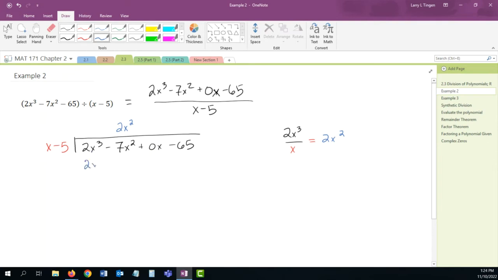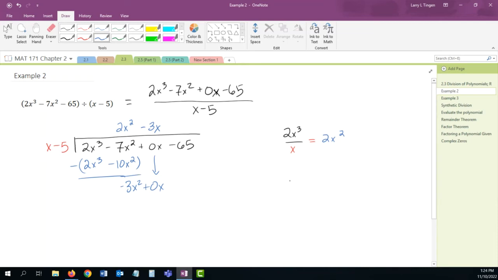2x squared times x is 2x cubed. 2x squared times negative 5 is negative 10x squared. Remember, this is subtraction. 2x cubed minus 2x cubed, we knew that was going to go away. Negative 7x squared plus 10x squared is negative 3x squared. I only have one term now. Great. Bring down the 0x. x goes into negative 3x squared negative 3x times, or I need to multiply x by negative 3x to get negative 3x squared.